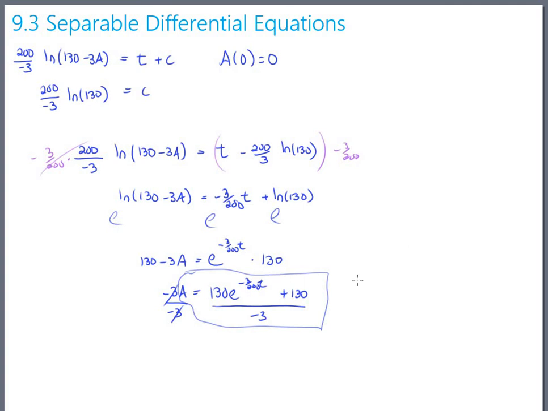If I remember right, when you plug in t equals 60, then the amount comes out something like 25.7-ish. I looked, but I can't remember now, kilograms. But anyway, you can plug in that t equals 60 to get that answer. All right, like I said, the problem that you have assigned in the homework is simpler than this one, but I think you're fully ready to tackle it now.